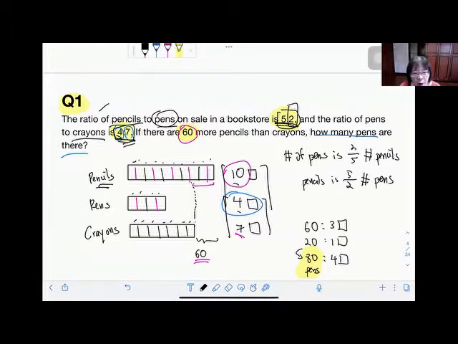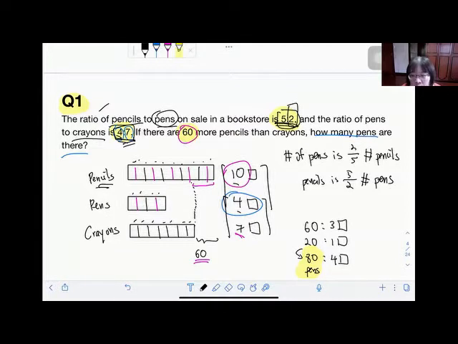So again, the ratio of pens to pencils is 5:2. It means that the number of pens is 2/5 the number of pencils. It also means that the number of pencils is 5 halves the number of pens. Basically, it means that for every 5 pencils, there are 2 pens.